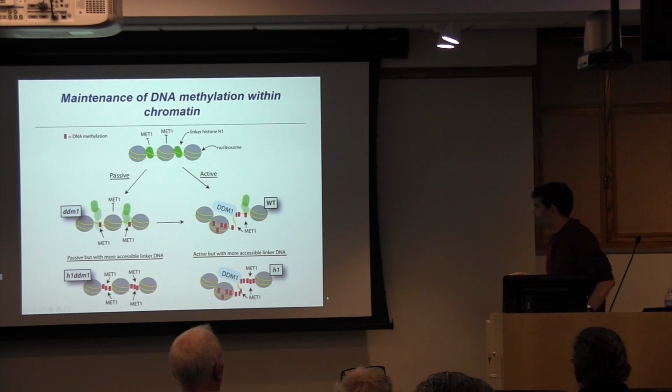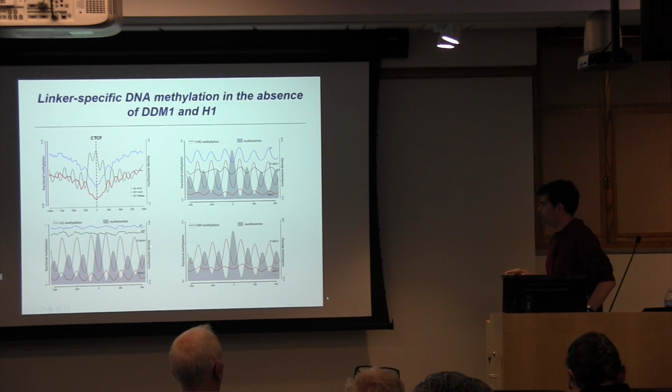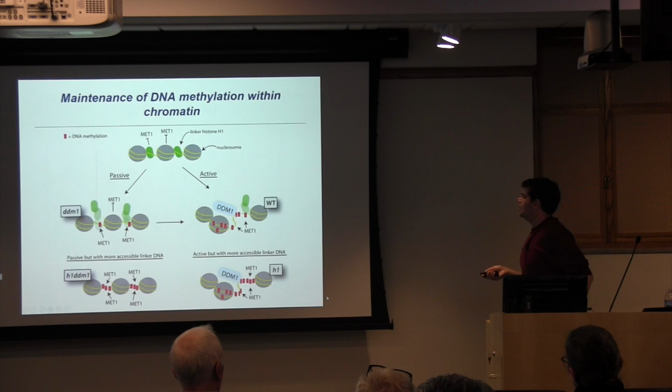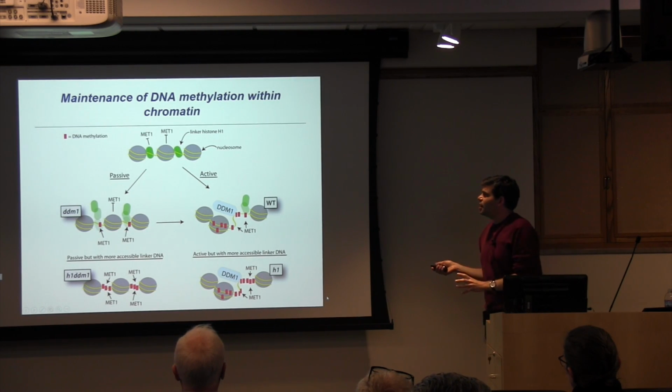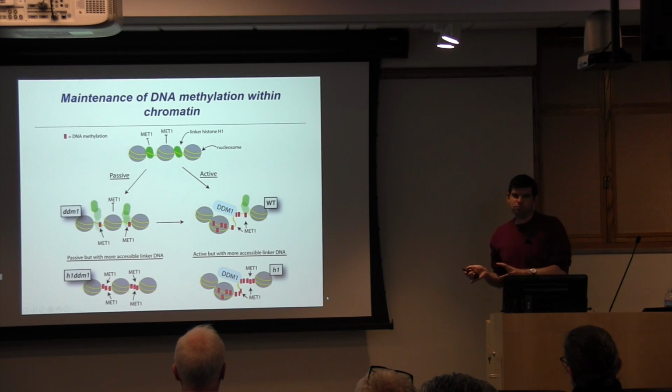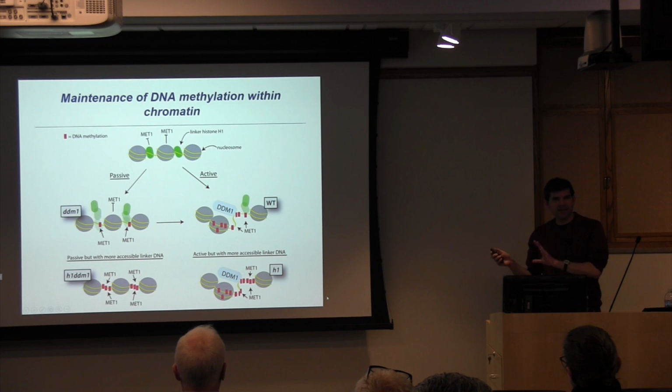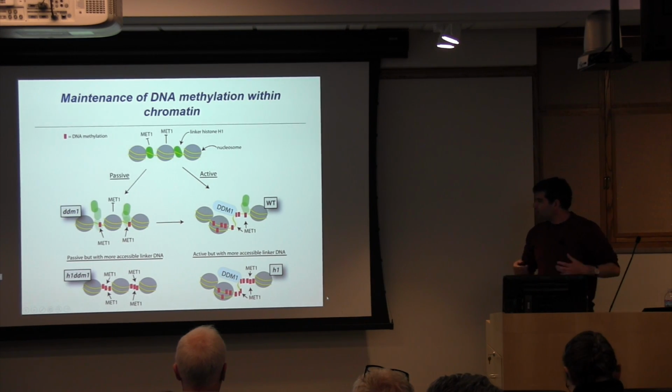And so then in H1 DDM1, we get this really big difference in heterochromatin between cores and linkers, because the linkers are accessible now without H1, but the cores are still relatively inaccessible because DDM1 isn't there. Okay, so that's the basic model, how well we have it developed so far. It's not quite this simple, but this is the first approximation of how we think H1 and DDM1 influence DNA methylation.